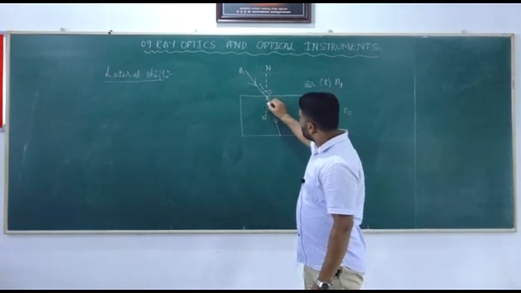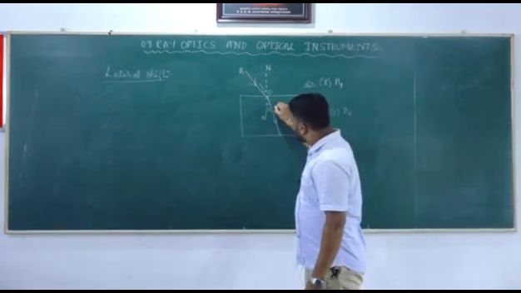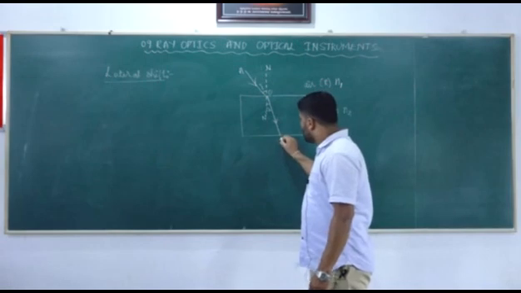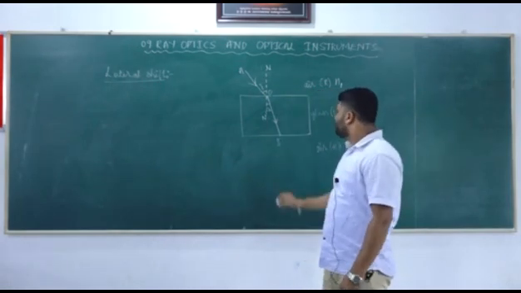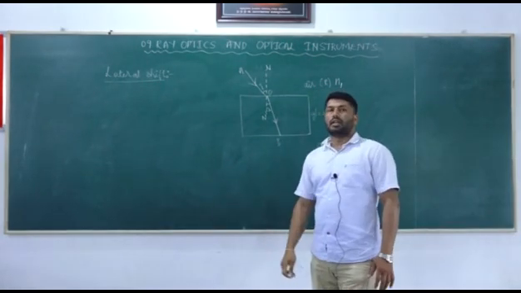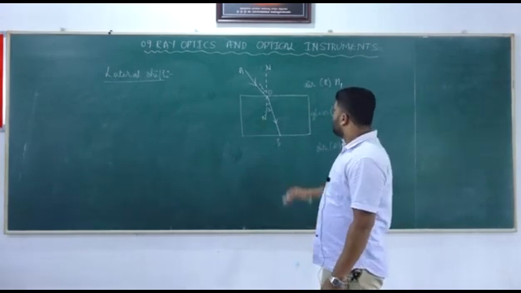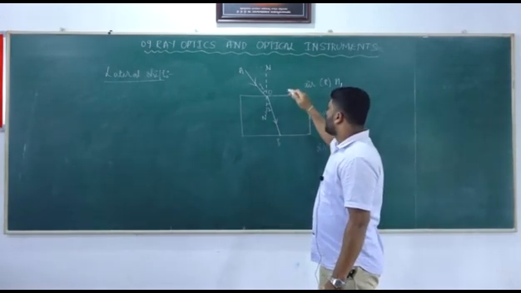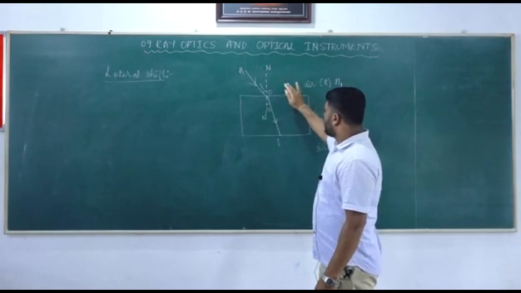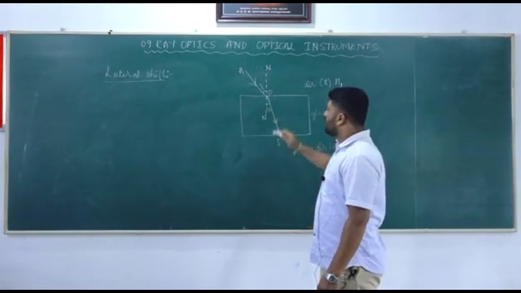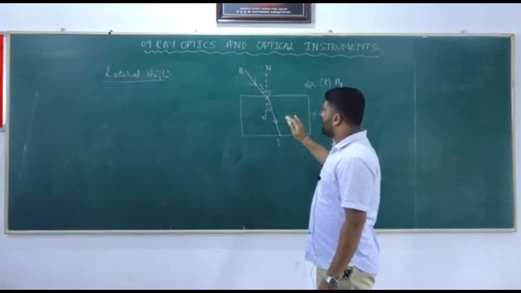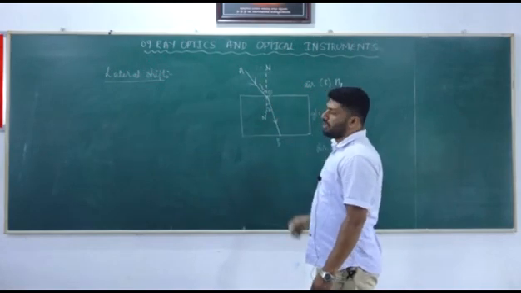This is the angle of refraction, and OB is the refracted ray. This is the first medium and this is the second medium. When light travels from one medium to another medium, light bends.